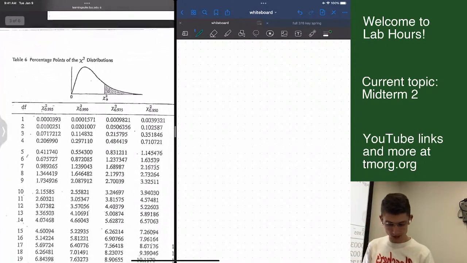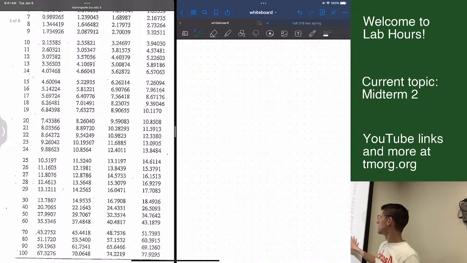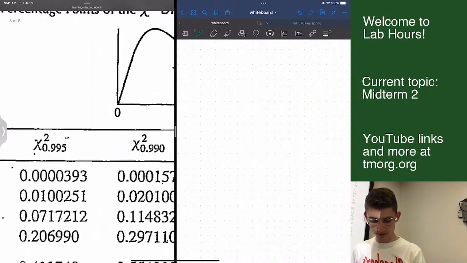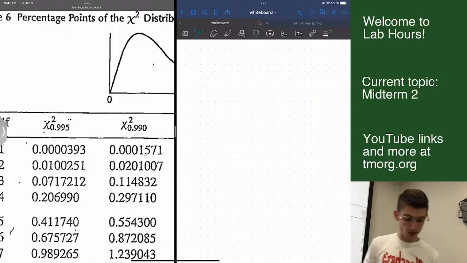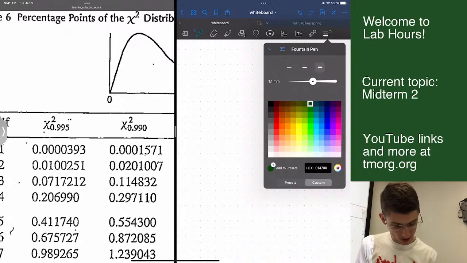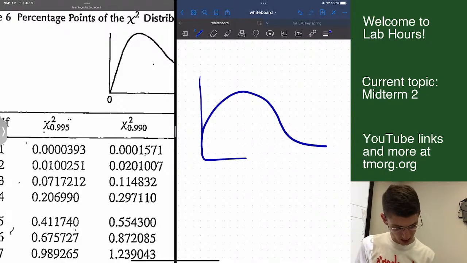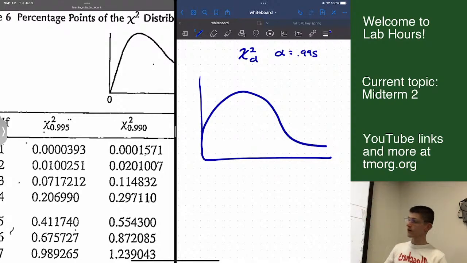So, we have degrees of freedom again, right, on the left. We're comfortable with that from the t-chart. And then over here at the top, we have the different levels of alpha. So walk through this with me really quick. Let me draw a big chi-squared chart, and we'll do it in dark blue just for funsies. There's my chi-squared. If I set my chi-squared alpha with alpha equal to 0.995, where is that going to fall roughly?